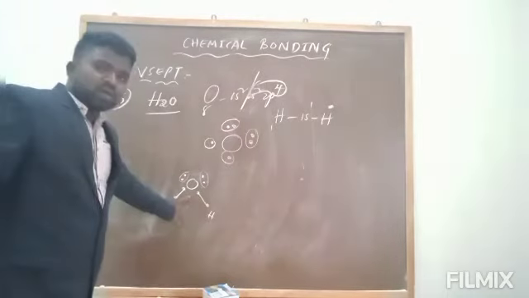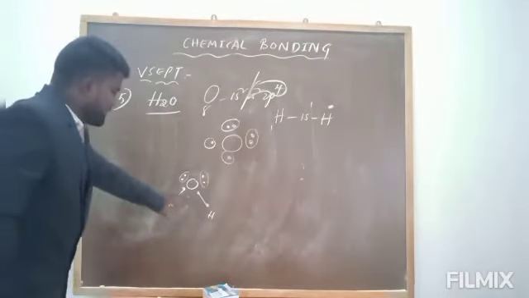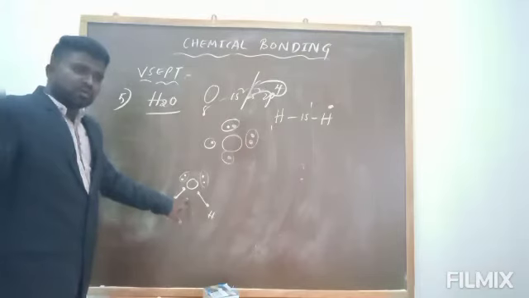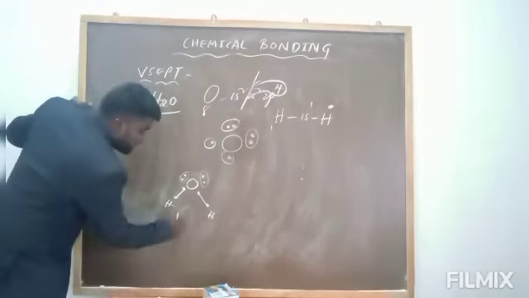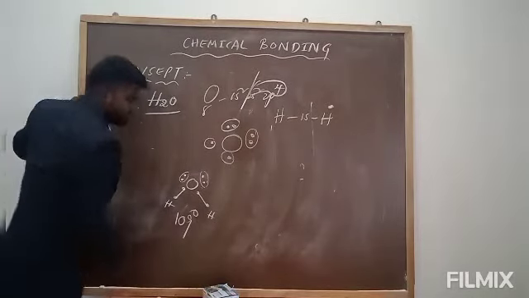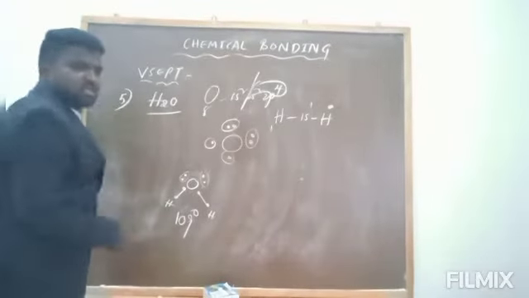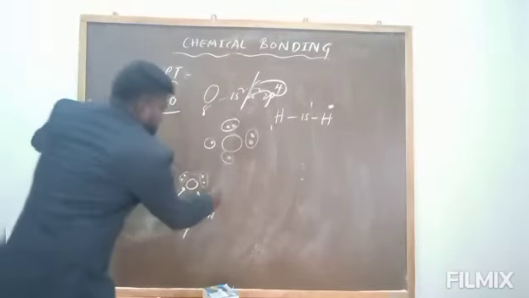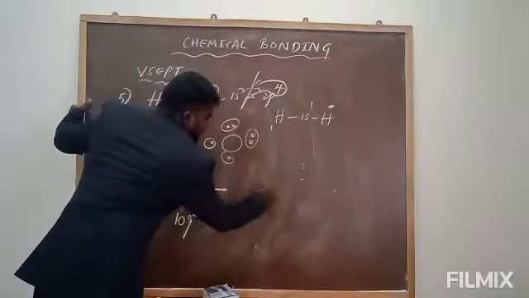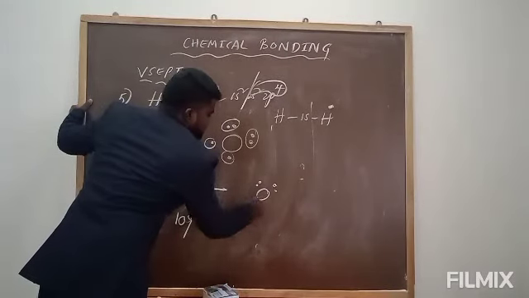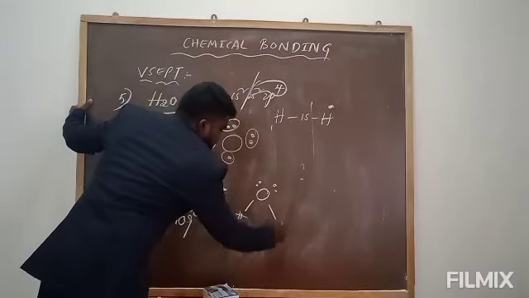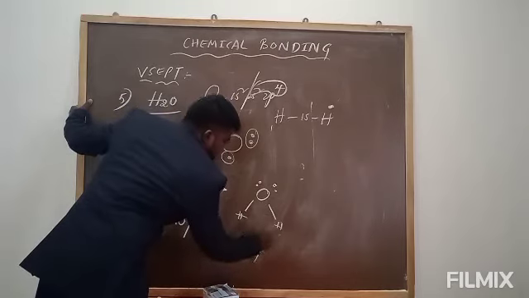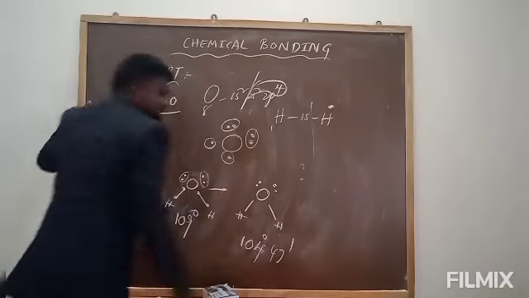Here, due to the two lone pairs, in the water molecule also, before repulsions the bond angle is 110 degrees. But after repulsion, due to the presence of two lone pairs on the oxygen atom, the bond angle becomes 104 degrees 47 minutes.